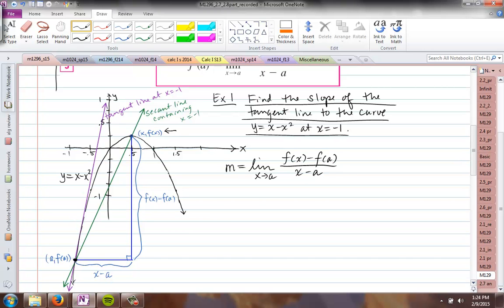This is a specific point on this graph, but let's pretend that it could be any point on the graph. Note that the change in y is f of x minus f of a, and the change in x is x minus a. To find the slope, rise over run, we would use the ratio of those two, and if we took that as the limit as x goes to a, we would be picking points closer and closer to (a, f of a), and because it's a two-sided limit, it would be points from both sides.